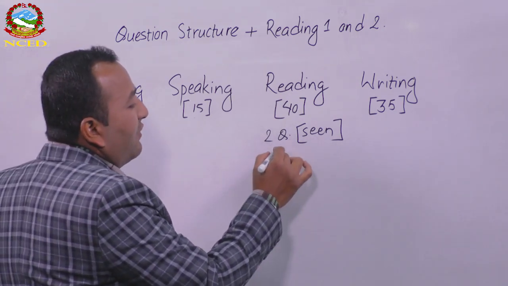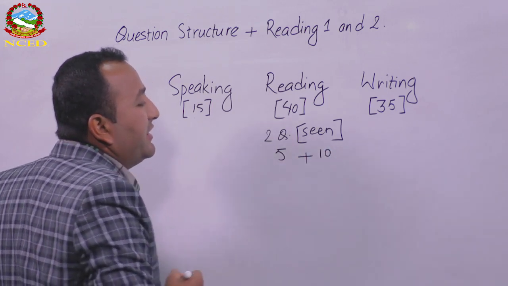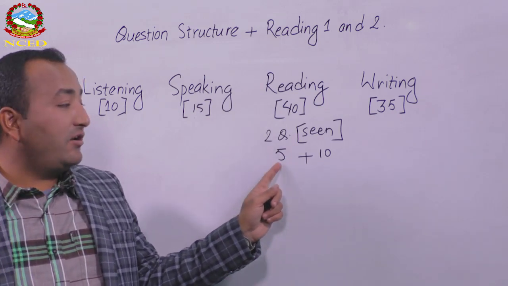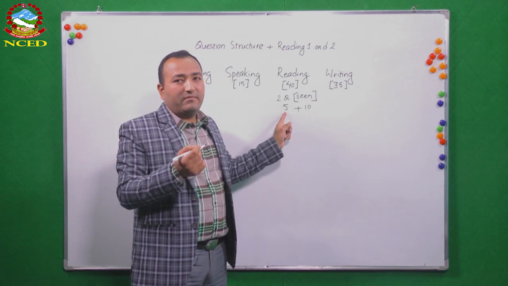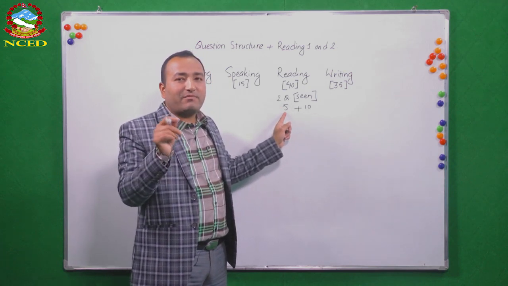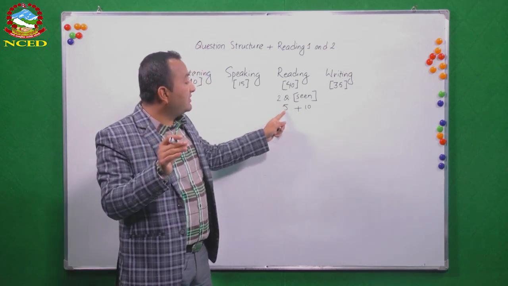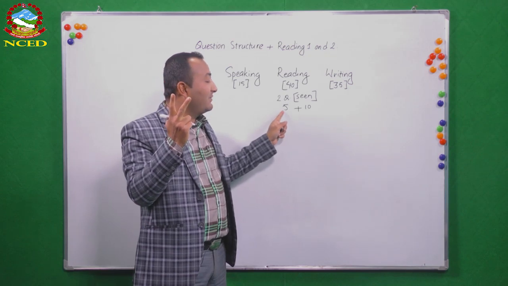One question will be for 5 marks and the other question will be for 10 marks. Both of them are passages. It is not always certain that the first question will be a poem. No. It can be any text from your book, but it covers only 5 marks. And there will be 5 questions, meaning only 2 types of questions will be asked from this.